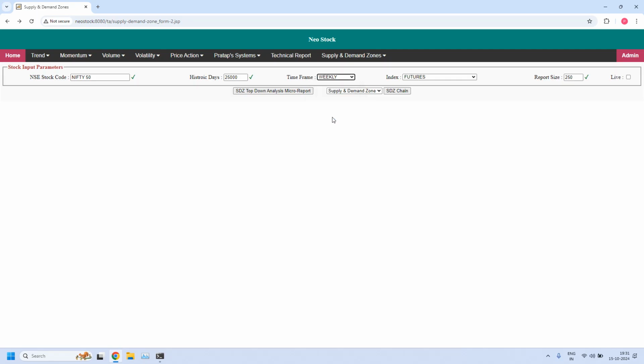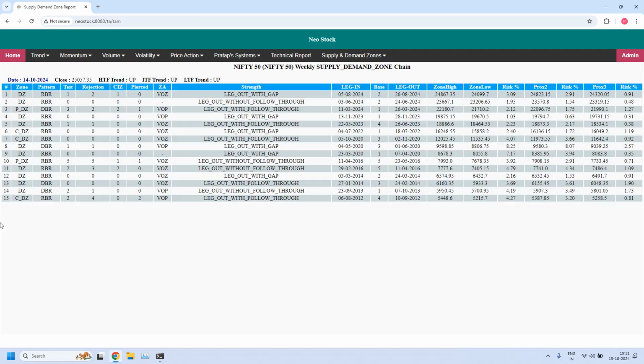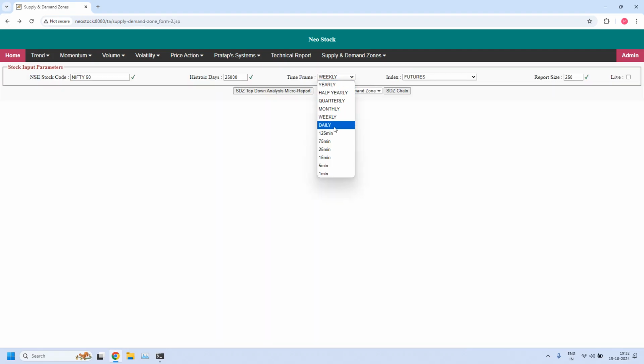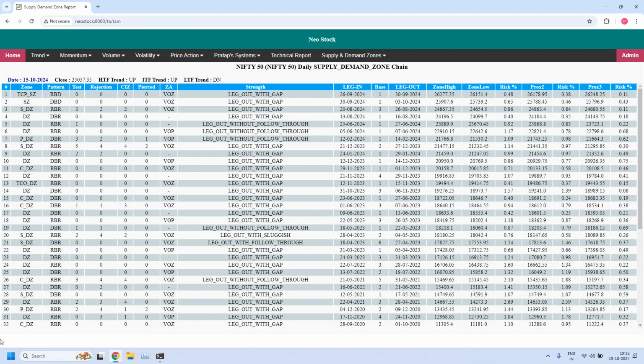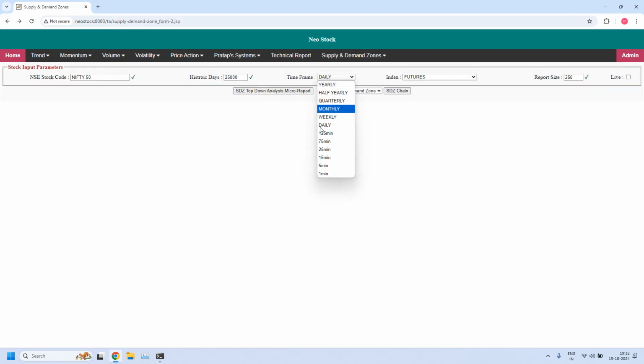I'm changing the time frame to weekly and generating weekly supply demand zone chain for Nifty. Okay, next time frame is daily, generating daily supply demand zone chain for Nifty. Next time frame is 125 minutes, generating 125 minute supply demand zone chain for Nifty.